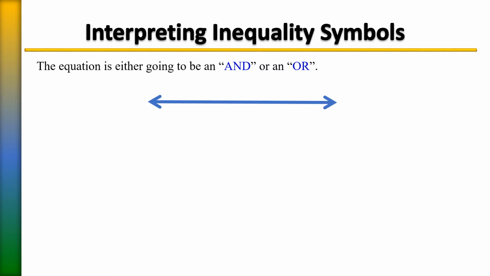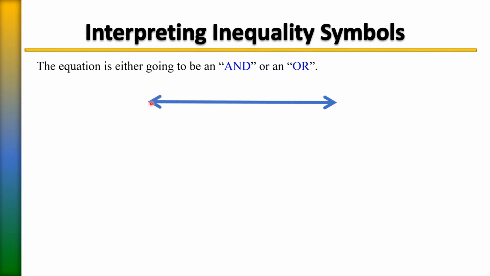So if you think of a number line or an arrow, and you are moving on the number line to the right, the greater your numbers are. So this greater symbol you see here, whenever you see that, that's an OR equation. And the more you go to the other end, the less your numbers become.